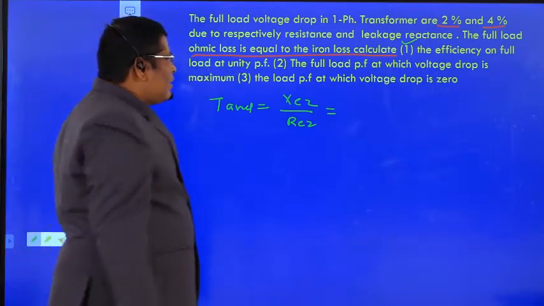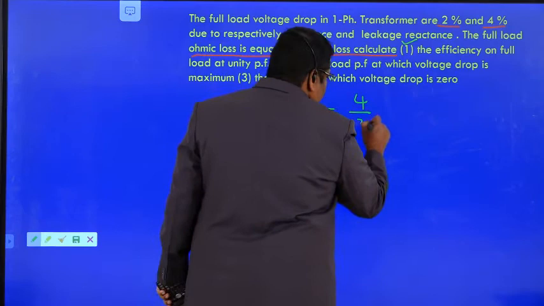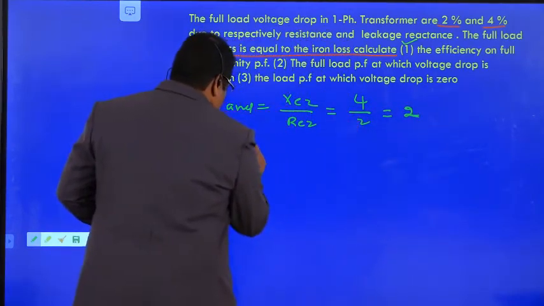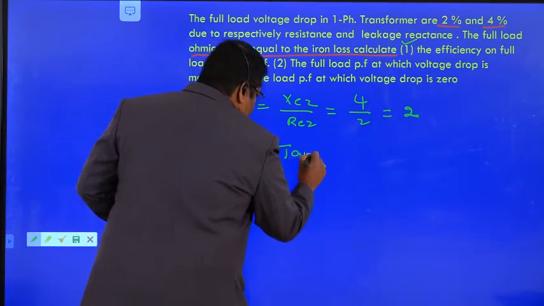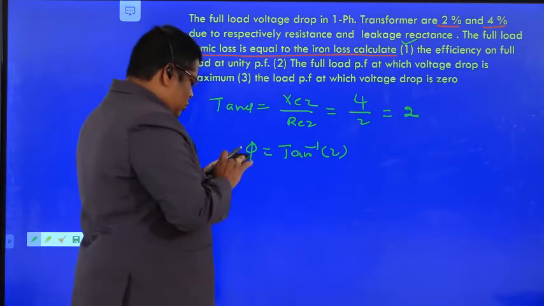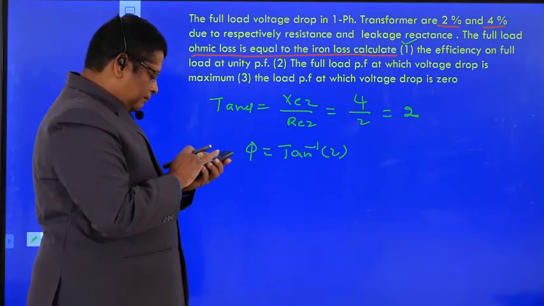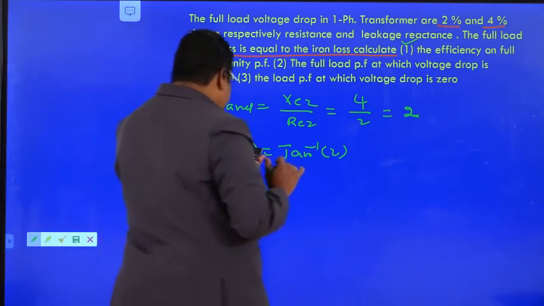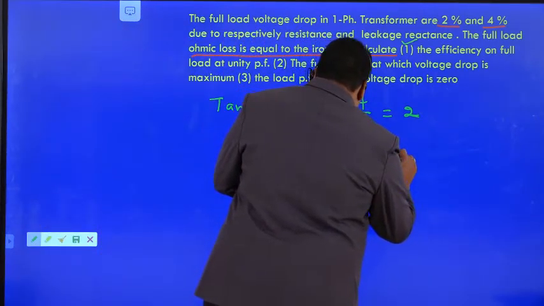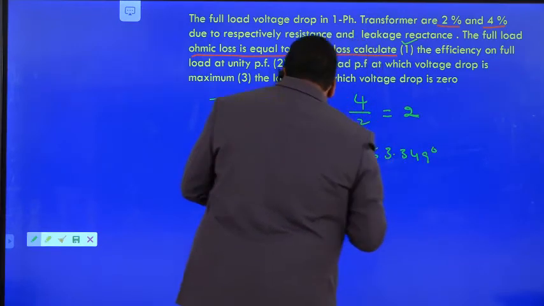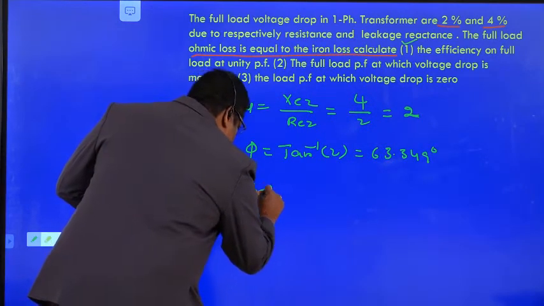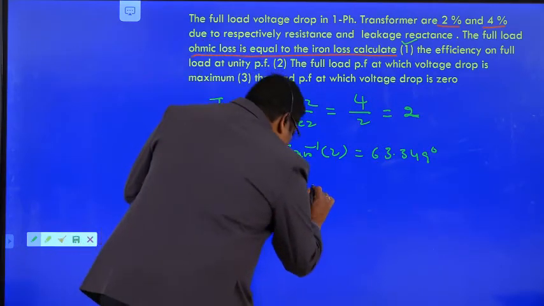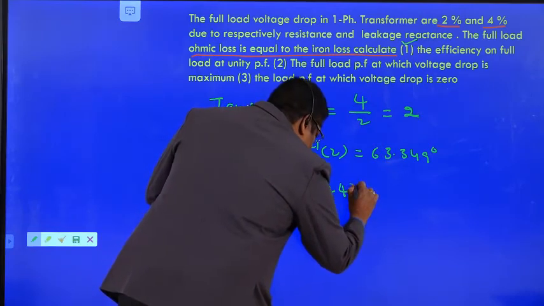Xe2 and Re2 percentage values are given, 4 by 2, so we are getting 2. So phi equals tan inverse of 2, that is 63.43 degrees. So cos phi equals 0.447 lagging.